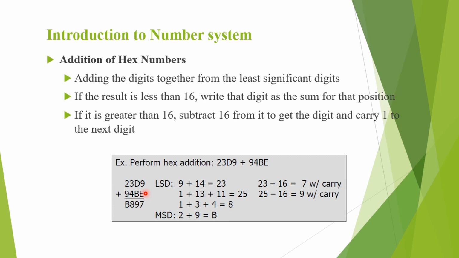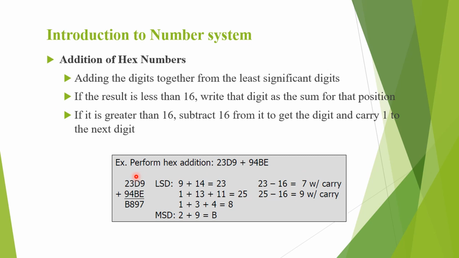In the previous slide you have seen the decimal value 14 represents hexa value E. So 9 plus 14 is 23, which is greater than 16. So we have to subtract 16 from that, and the value obtained after subtraction is written in the sum position. So 23 minus 16, we get 7.